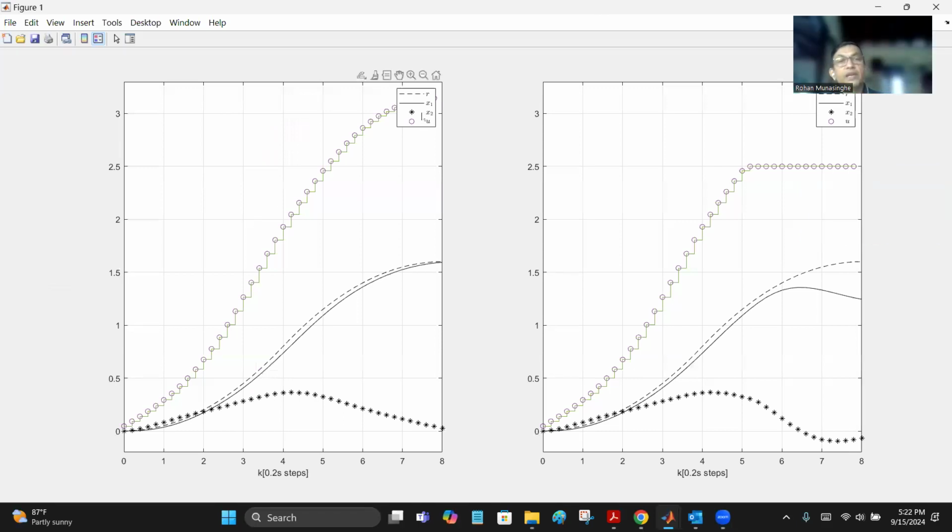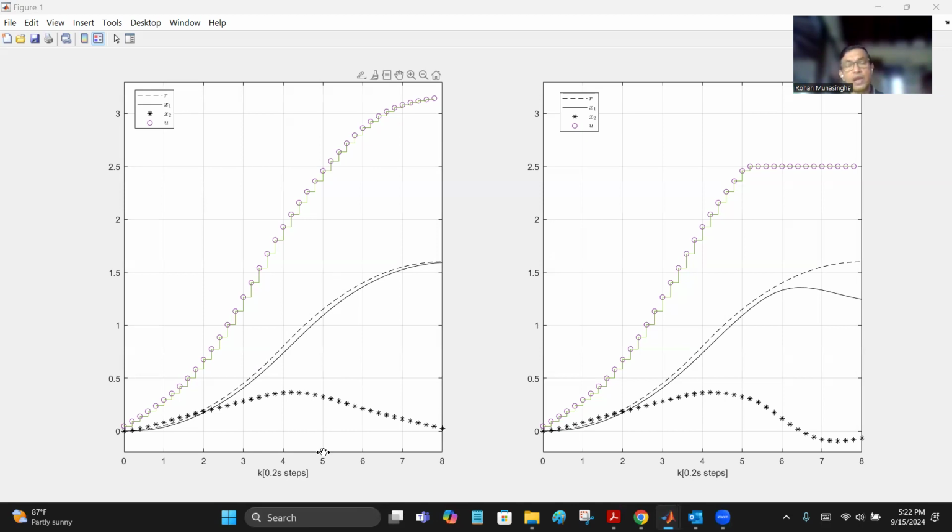On the left is what we had earlier. On the right is what we are having right now with the constraints. Now, we have 2.5 as the limit of the actuator. You can't ask anything beyond 2.5. So when you go up to 2.5 over here, you have the identical result. Both left and right-hand side are identical up to about the 5th second.